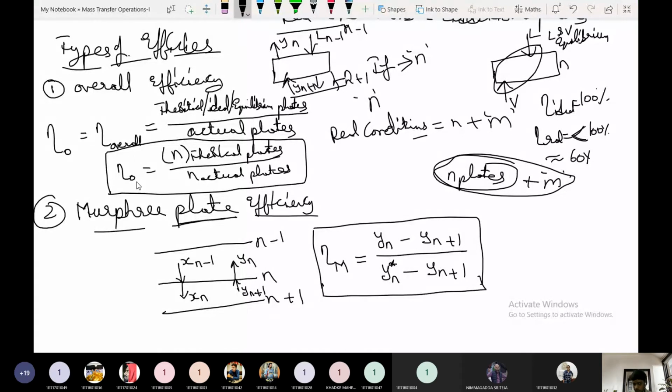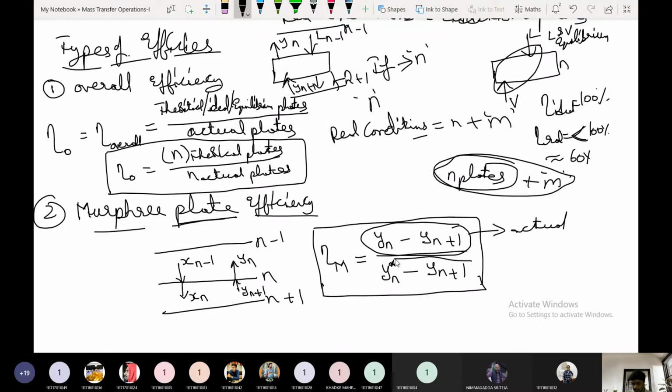So we have to know the efficiency. For the individual plate efficiency, we have to calculate using the Murphree plate efficiency. The Murphree plate efficiency is defined with vapor phase compositions or vapor phase mole fractions. So this is the actual, y n minus y n plus 1 is the actual.